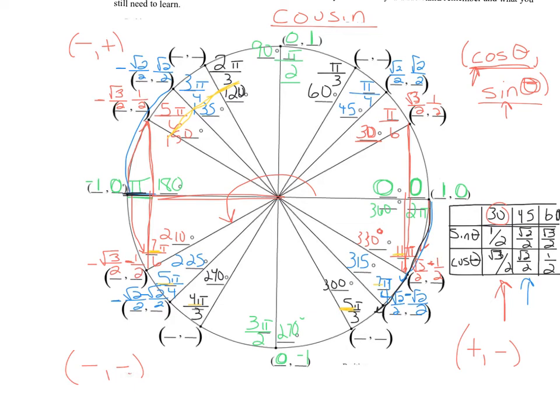Moving on to my 60s, right? We have cosine comes first. So these are going to be 1/2, radical 3 over 2 for all of those. So we'll go ahead and label those. So now we need to think about our positive and negative signs in each quadrant.